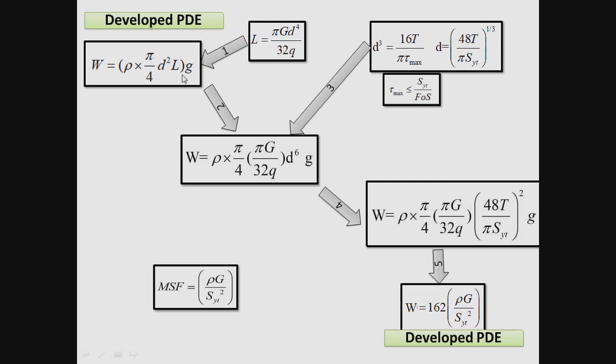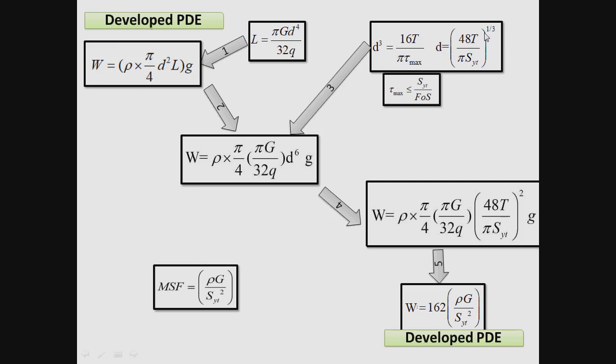So this is the equation we got from the previous slide, that is weight. Instead of L, we substitute the L value in this equation. Once you substitute the L, we are going to get this equation. And d also we have got in the previous slide. That is d is equal to, if you take this on the right side, it will become 1 by 3.